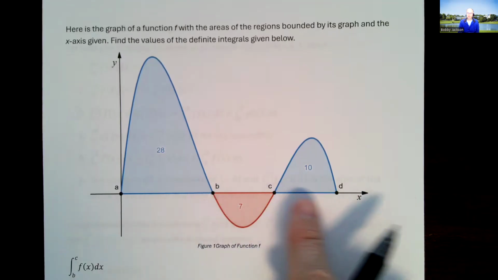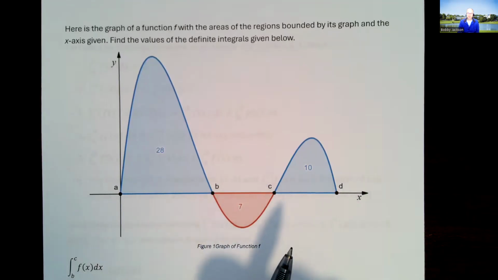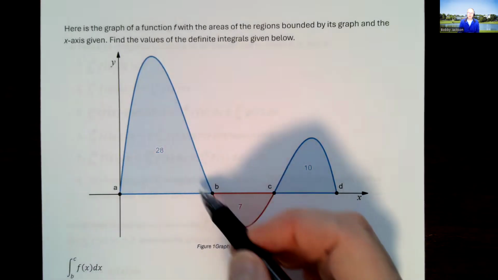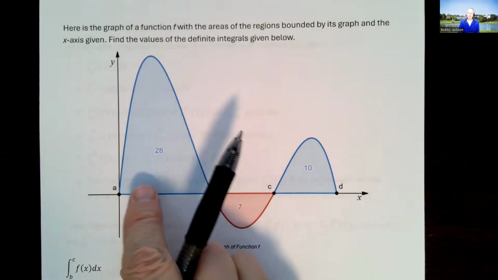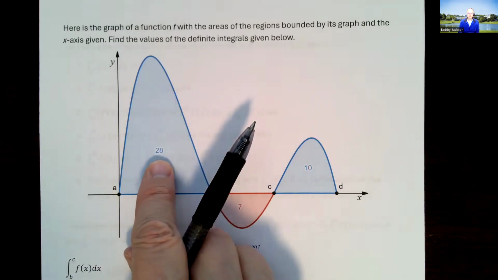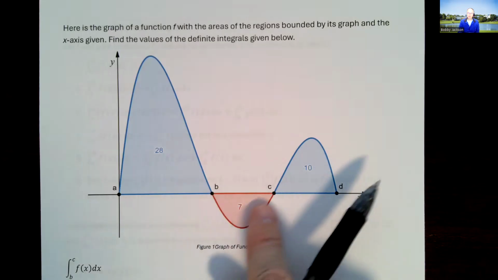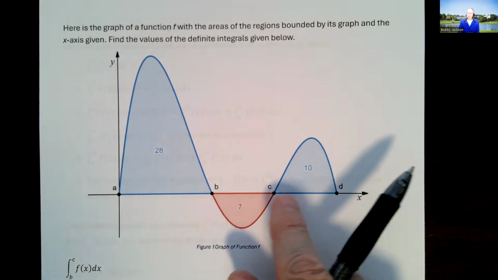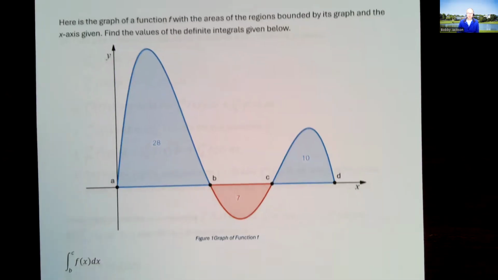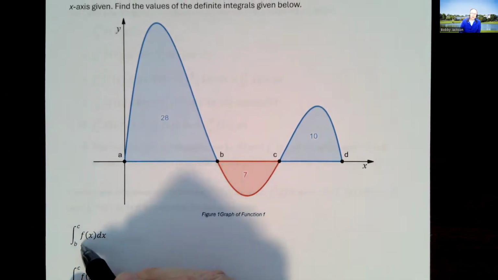So we've got A, B, C, and D, important points where the graph crosses or touches the x-axis. From A to B, the graph is above the x-axis, and this shaded area is 28 square units. From B to C, this shaded region here is 7 square units, and from C to D, the area is 10. So what would the integral from B to C be?